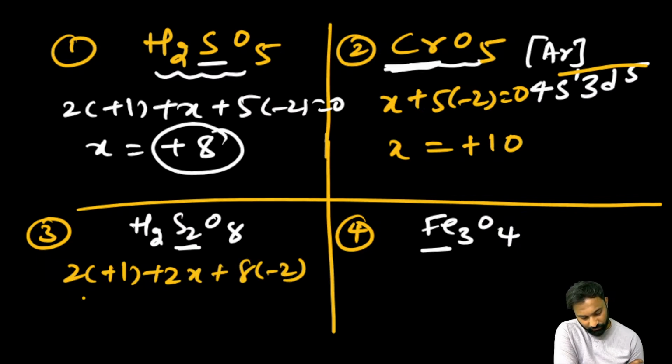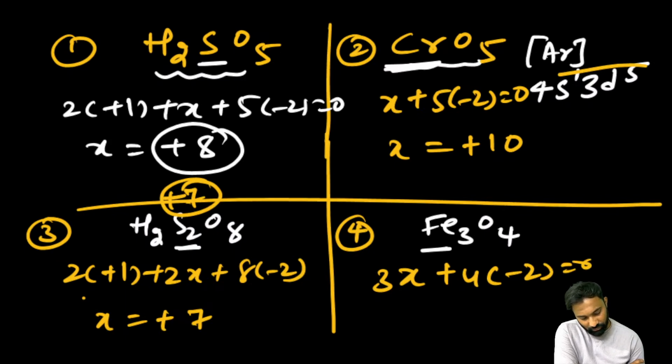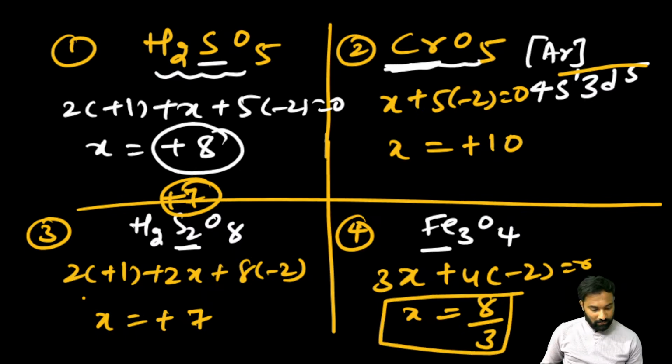Here +2 and here it is -16. +2 -16 it will become -14. -14 by 2x, x is equal to +7 you will get. But sulfur's maximum oxidation state is +6. Now Fe3O4. If you calculate from here, you will get a fractional oxidation state, that is 8/3. Done.